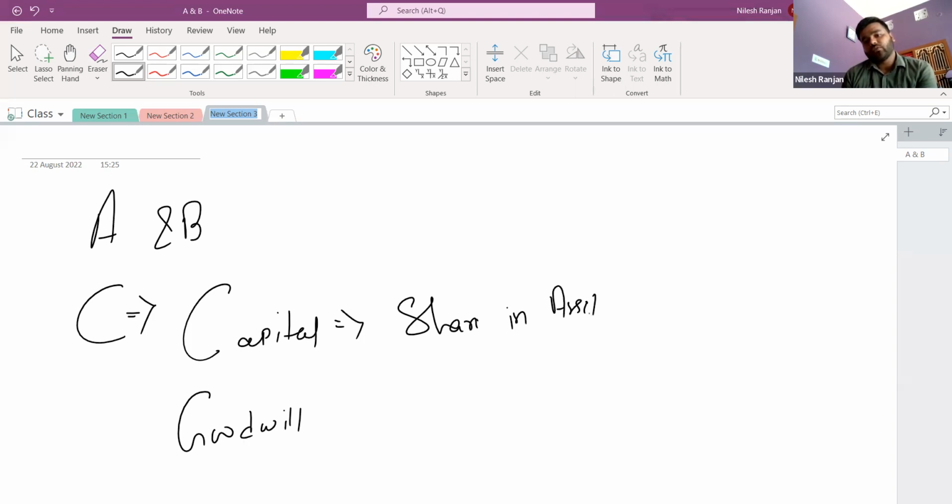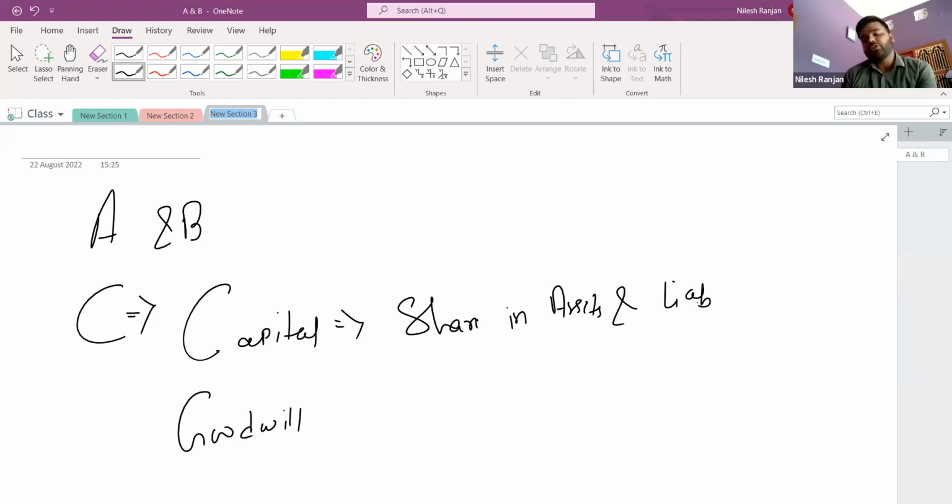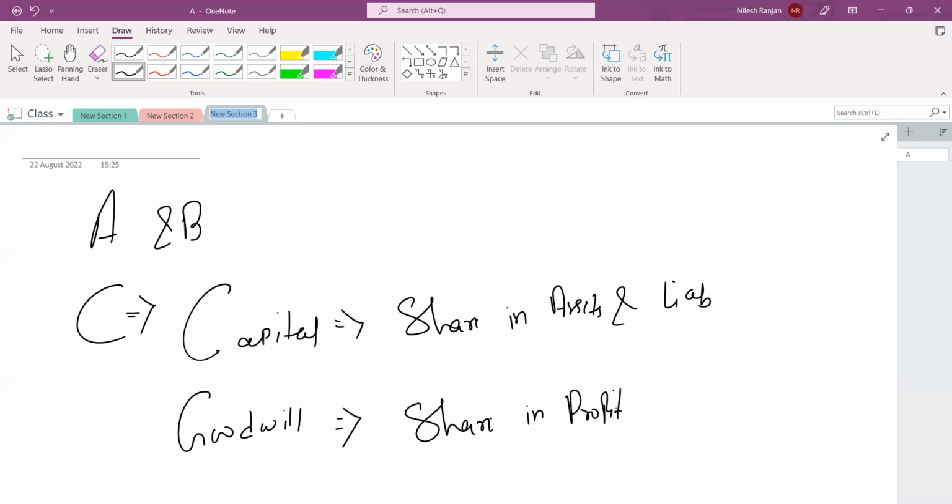In future, if assets and liabilities are distributed between partners, C will also get his share. And C will also get a share in profit. So it becomes a right of C to share the assets and liabilities and share in profit.